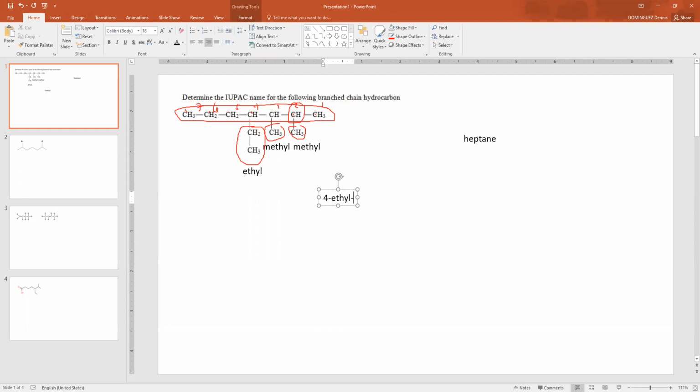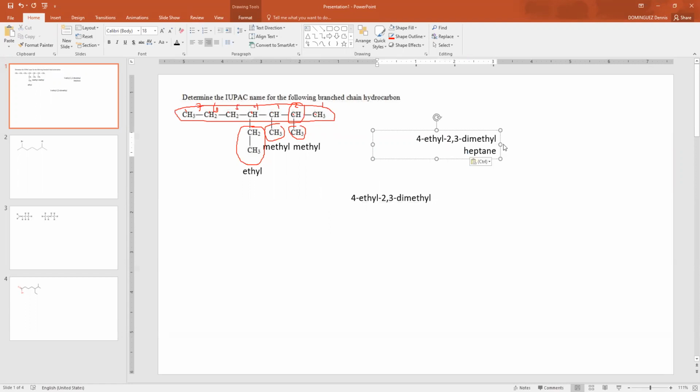We have 2-methyl and 3-methyl, but instead we will use 2,3. The Greek prefix for 2 is di, so we'll use dimethyl and then connect this to the mother compound, which is heptane.